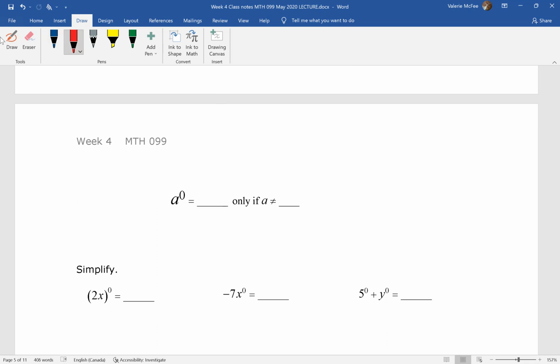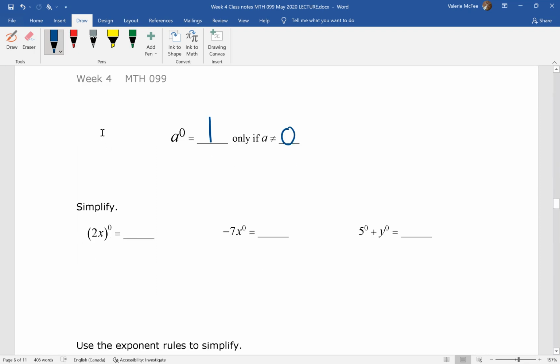So in your notes, we say a to the power of 0 equals 1, but only if a does not equal 0. So that's important. 0 is always a problem in mathematics, and we need to pay attention to 0. So can you pause your video and answer each of these. Remember, in the first case, we have a product being raised to a power.